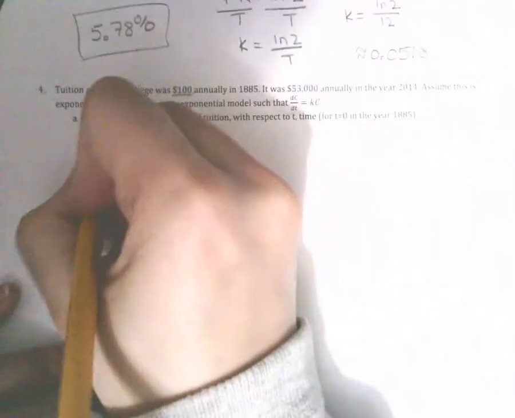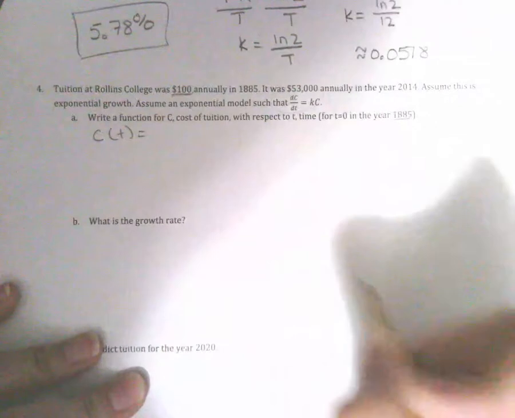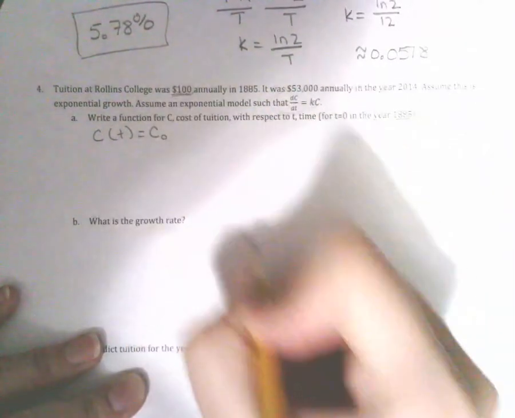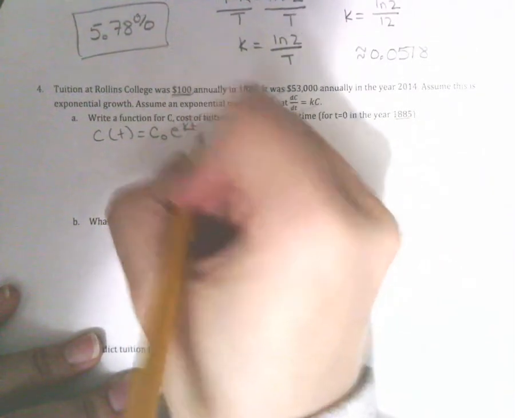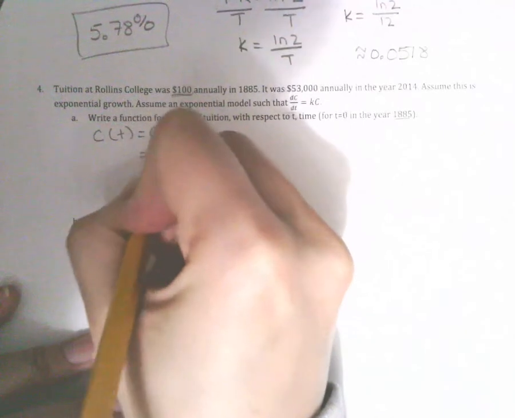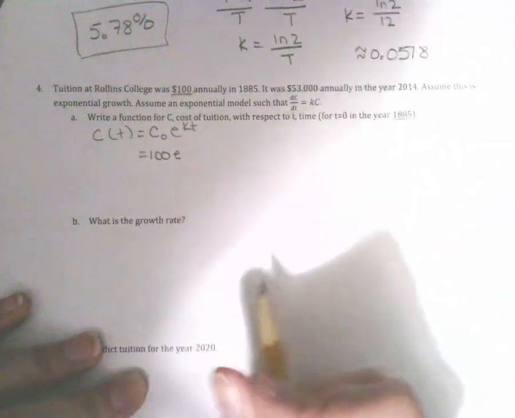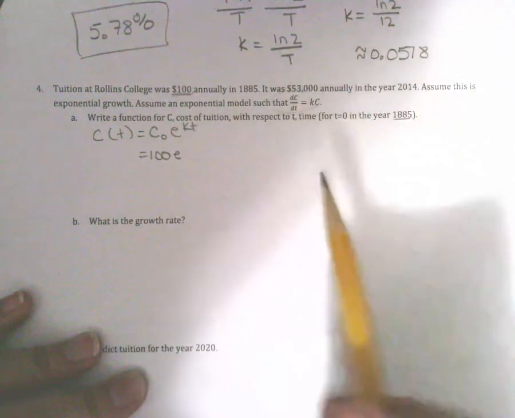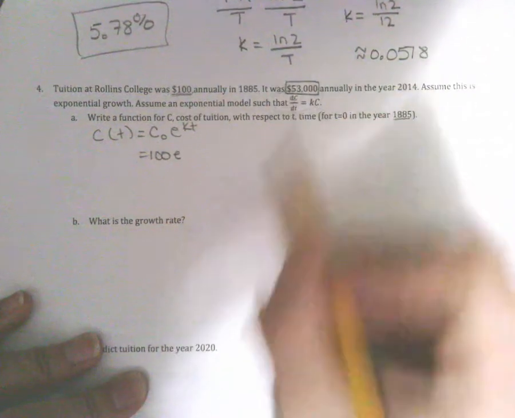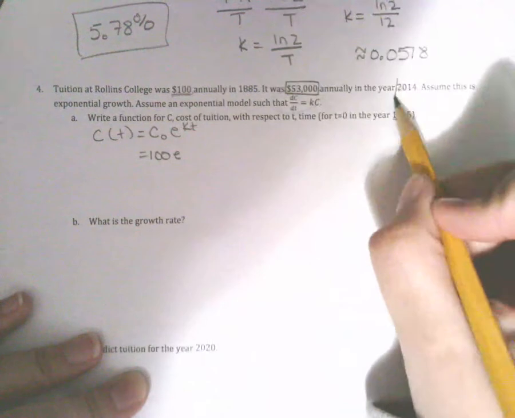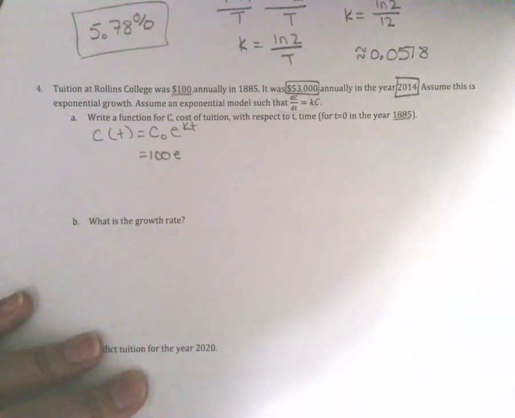So in general, cost as a function of time is going to be equal to the initial cost times e to the kt. We know that the initial cost was 100. We are going to substitute some values in here. 53,000 and 2014 give us some other points.